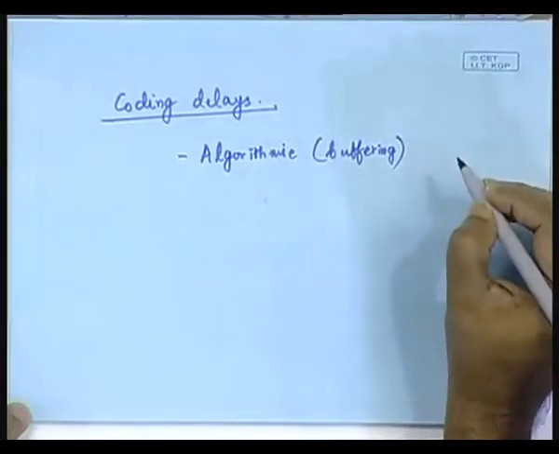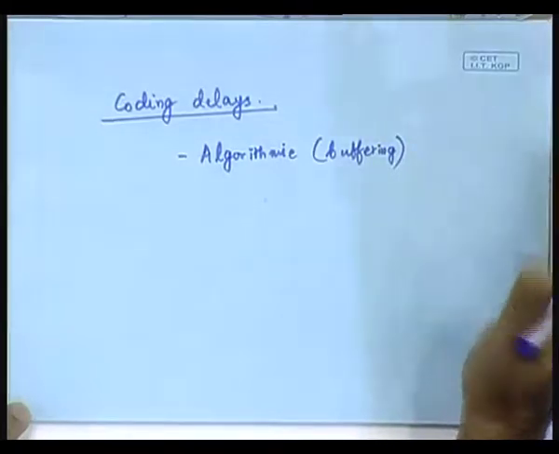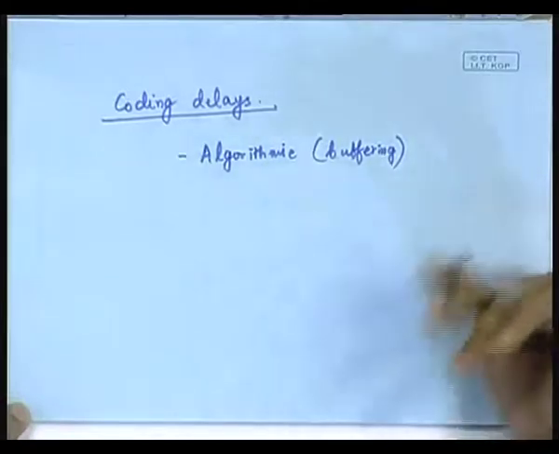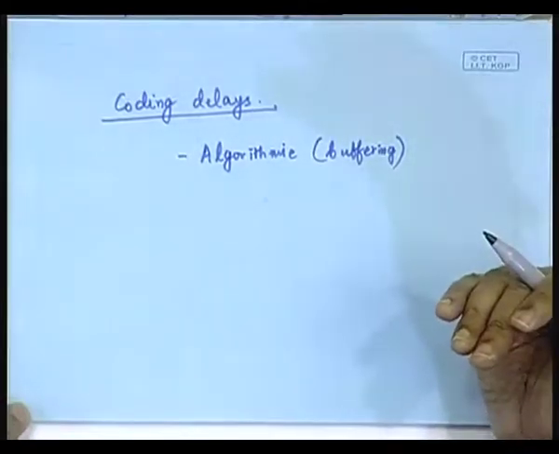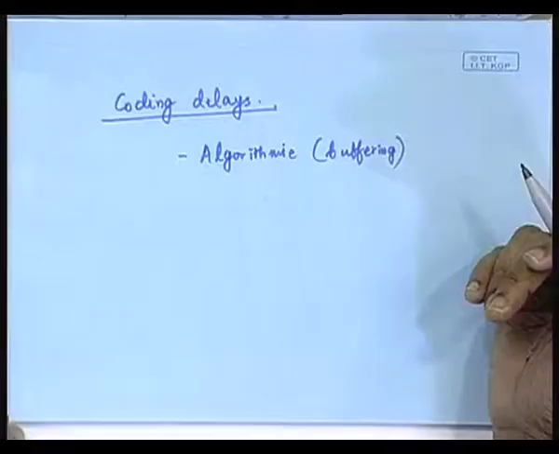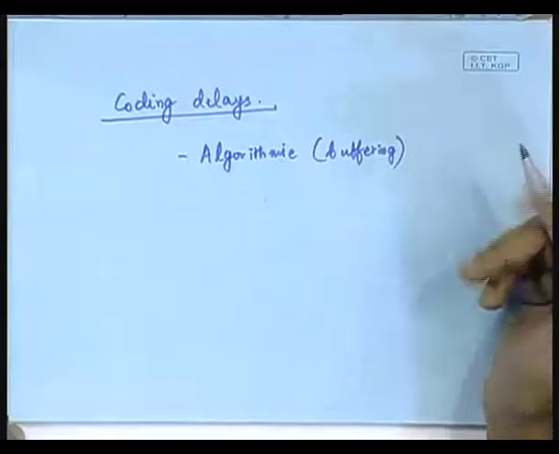You see, your algorithm may require analysis of the past samples, and if several past samples are to be used for the analysis, you have to have some kind of buffering, or you want to measure some statistics, you have to store it for some time. So, buffering is required, and algorithmic coding delays are very much possible.